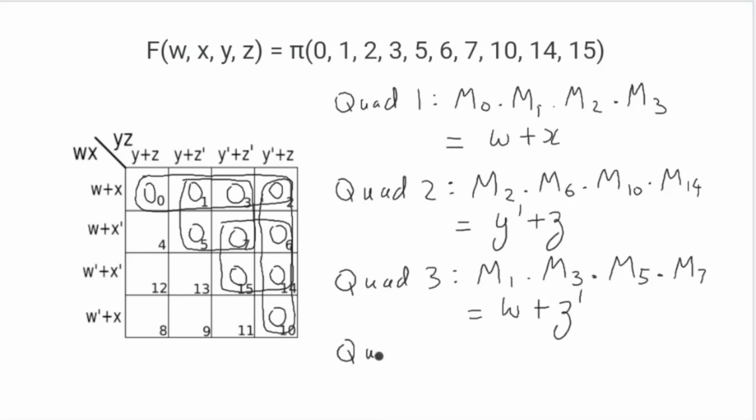Let's move on to the last quad, that is quad 4, and that is identified by 6, 7, 14, 15. M6, M7, M14 and M15. And if we see the reduction, W is changing state, X complement is not changing its state, and at the top Z is changing, Y complement is not changing, so we'll take Y complement.